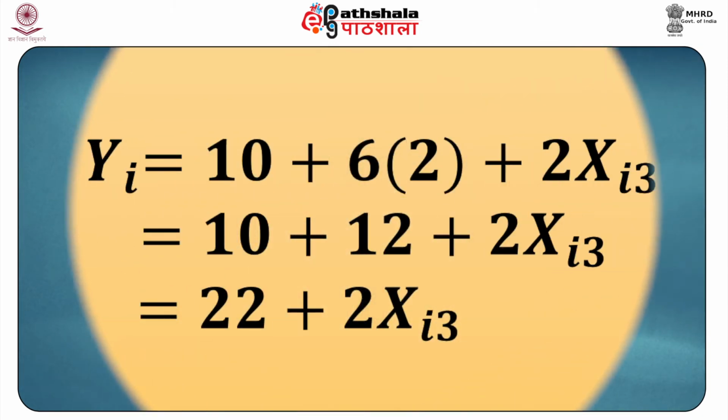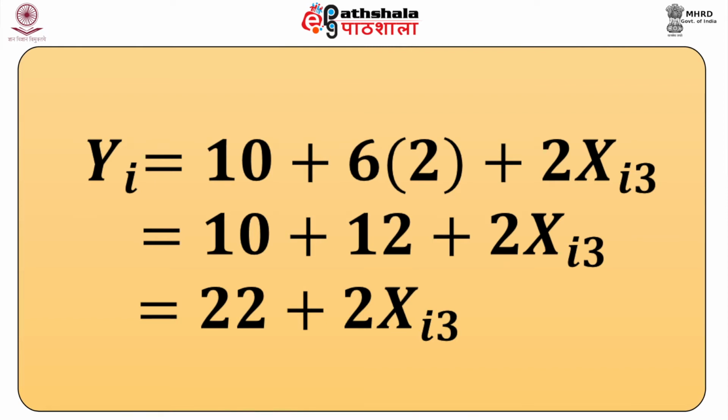Similarly, now holding x2 constant at, for example, 2, we get yi is equal to 10 plus 6 into 2 plus 2xi3, which is equal to 10 plus 12 plus 2xi3, hence equal to 22 plus 2xi3. Therefore, beta 3 equal to 2 implies that the average value of y increases by 2 with a unit increase in x3, holding x2 constant.